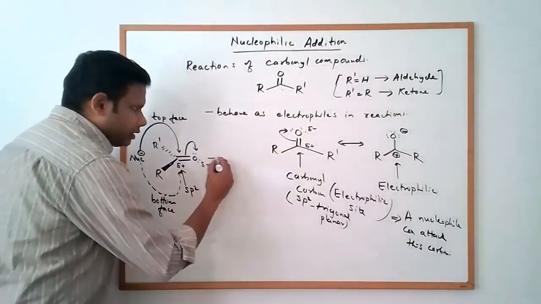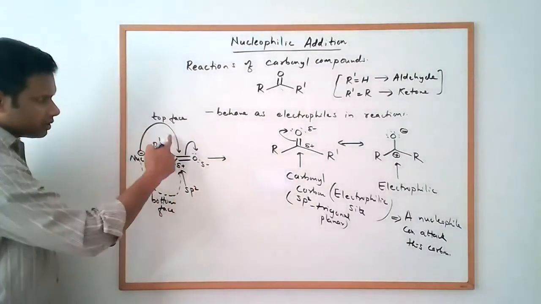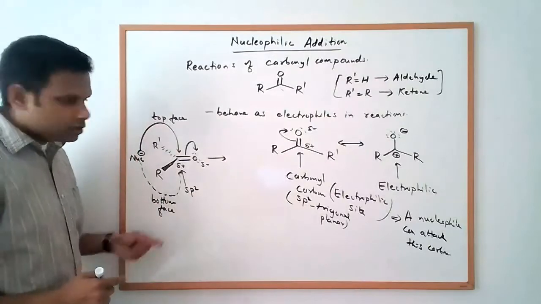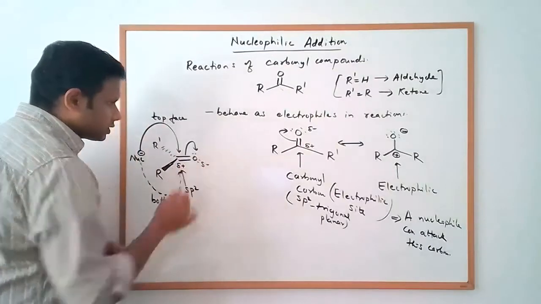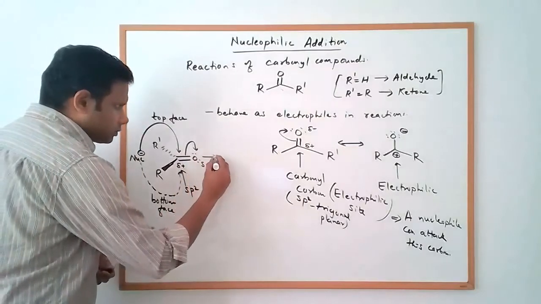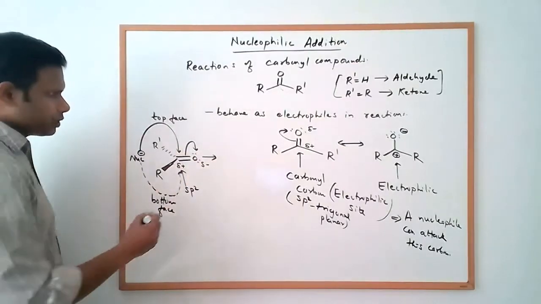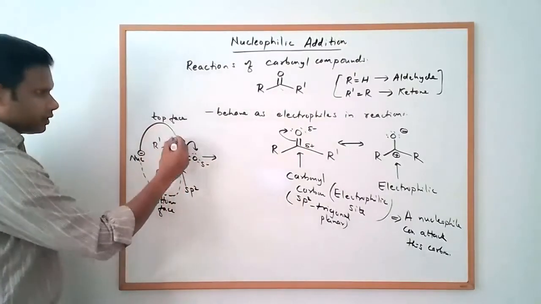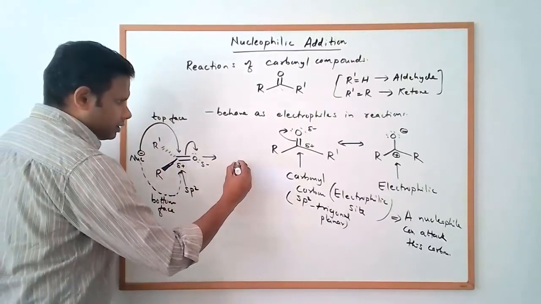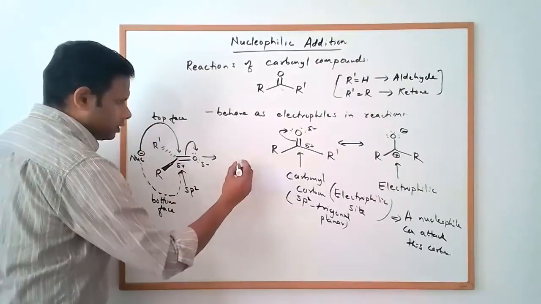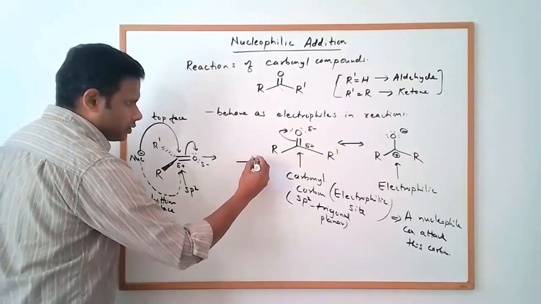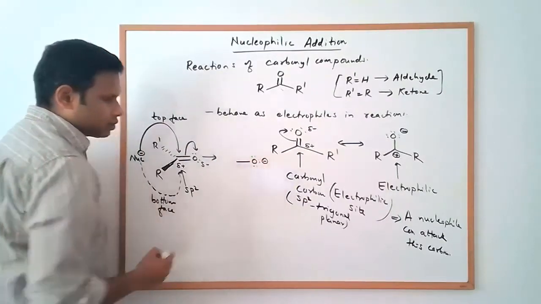So when the attack happens, we can consider both attacks here. If the nucleophile attacks from the top face, then we will have that carbon here. We don't have to show the carbon, but we'll have the oxygen with the negative charge on it.